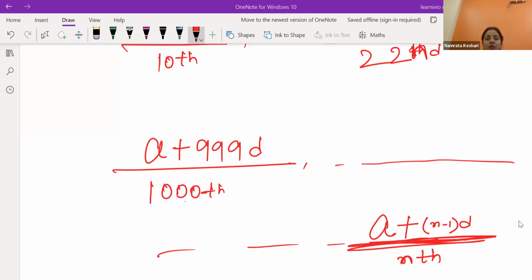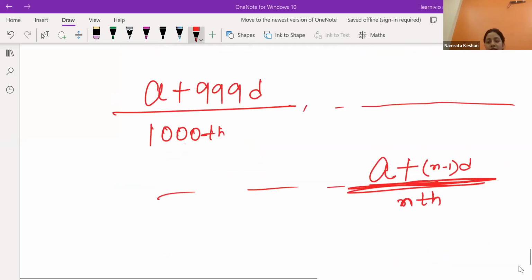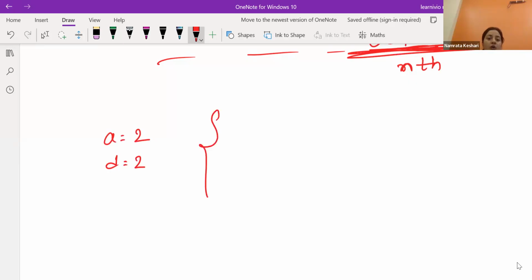Okay, so this is again two things I have given you in one go, because I was explaining and I felt that here only you will be able to understand the next concept also. So the first thing is when you know A is 2 and D is also 2, then we can create the AP. How? The first term is A, next term is A plus D, next term is A plus 2D, next term is A plus 3D, and we will be able to write the terms.